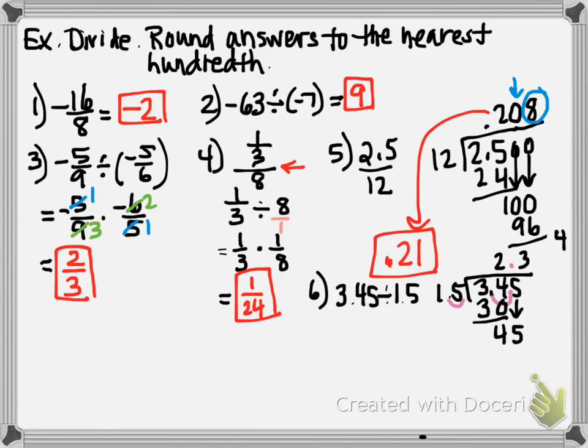Okay, and 15 times 3 is 45, and I have no remainder. So my answer terminated at 2.3. Now, notice that in number 5, I don't know if my decimal is going to repeat or not. All I know is I had to stop because the direction told me when to stop. Okay? All right, good luck on your homework.